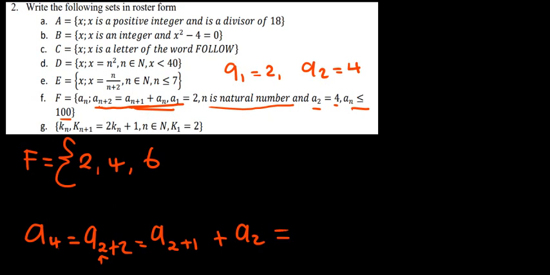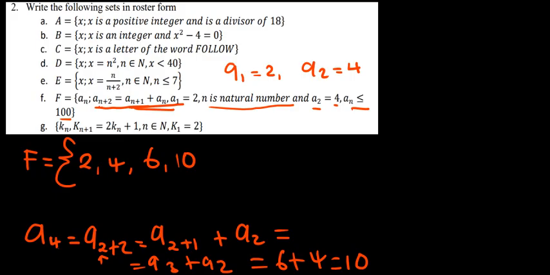So we see that this here is going to be A3 plus A2. So this is going to give us A3, we found it was 6, plus A2, which was just 4. So this is going to give us 10. So we're going to put 10 there.